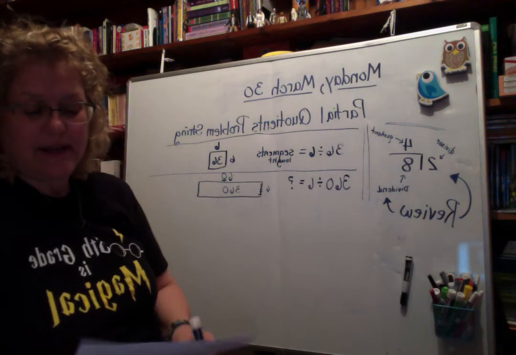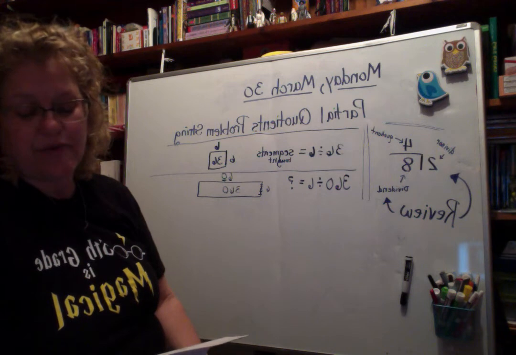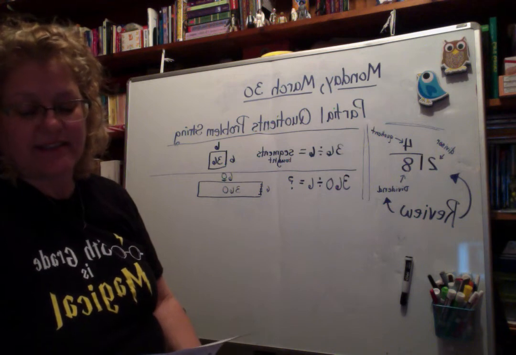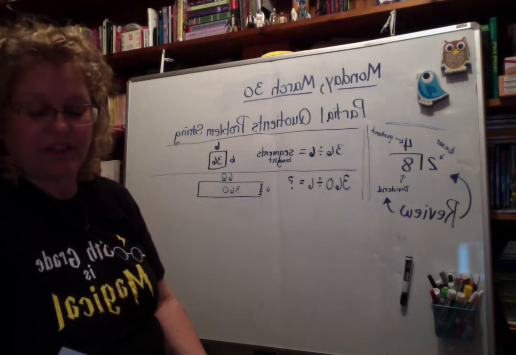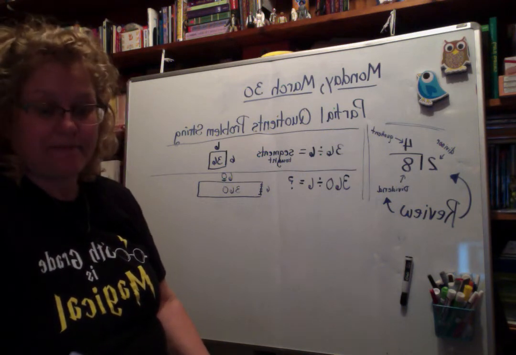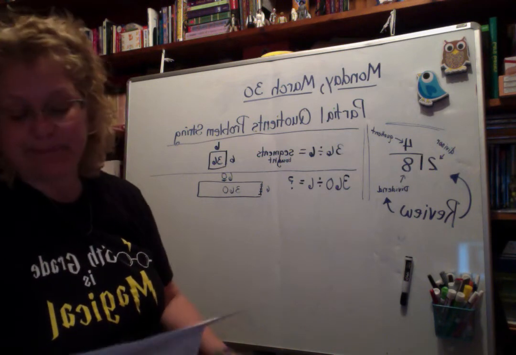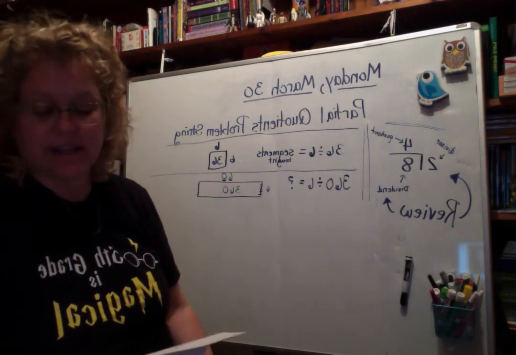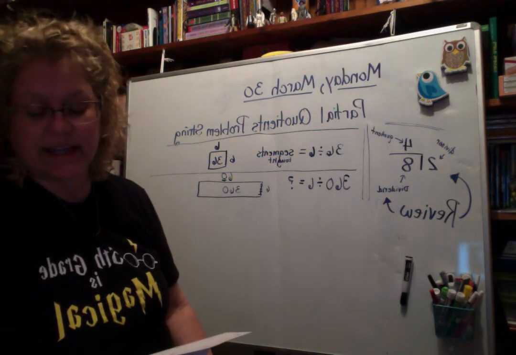All right. It says now Maya bought 30 stickers from another roll that had 6 stickers in each segment. How many segments did she buy this time? Information that they told me. Let me read it one more time to you. Maya bought 30 stickers from another roll that had 6 stickers in each segment.